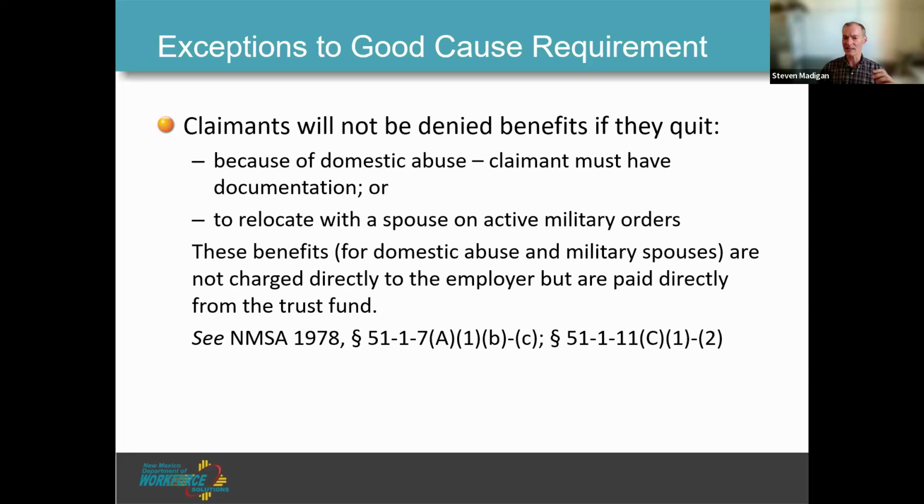They do have to provide some sort of documentation to us, not necessarily to the employer, to us. Can be a police report, can be something from an attorney, from clergy, whatever, but just that there is some sort of documentation to say that this is what they've been experiencing or enduring and that they had to quit their job as a result of that.